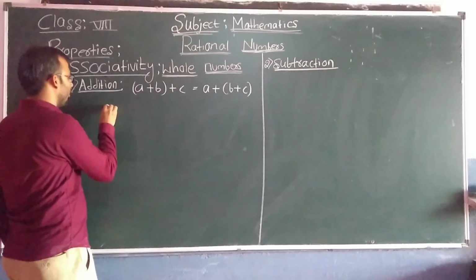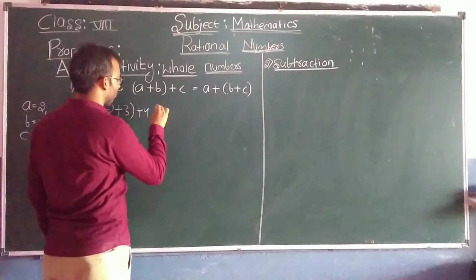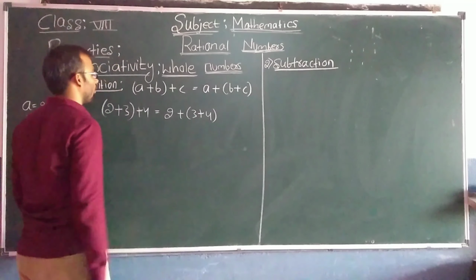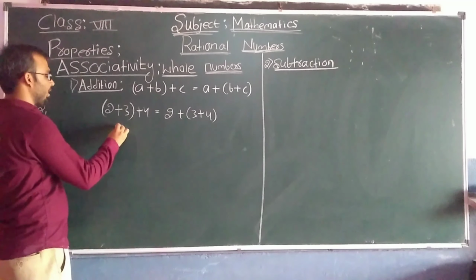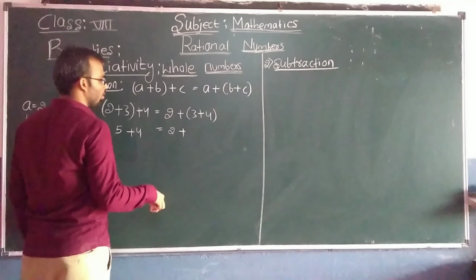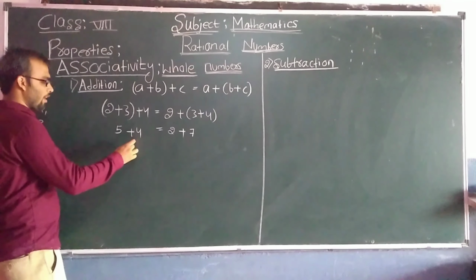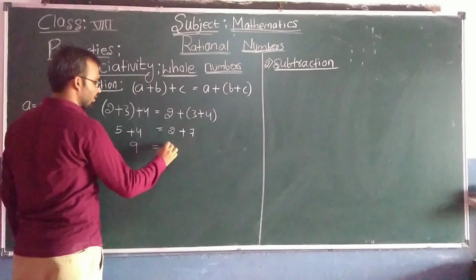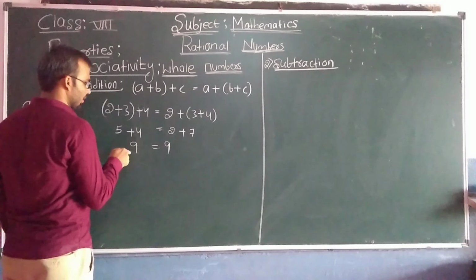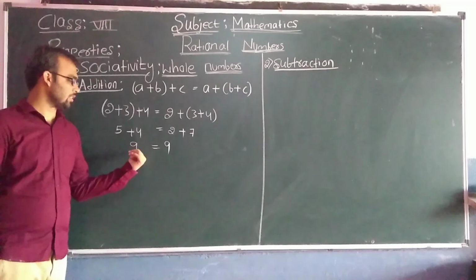Now we'll put these values of A, B, C in the general form. 2 plus 3 plus 4 equals 2 plus 3 plus 4. Now 2 plus 3 is 5, plus 4. And 3 plus 4 is 7. Now 5 plus 4 is 9, and 2 plus 7 is 9. So on both sides the numbers are equal.